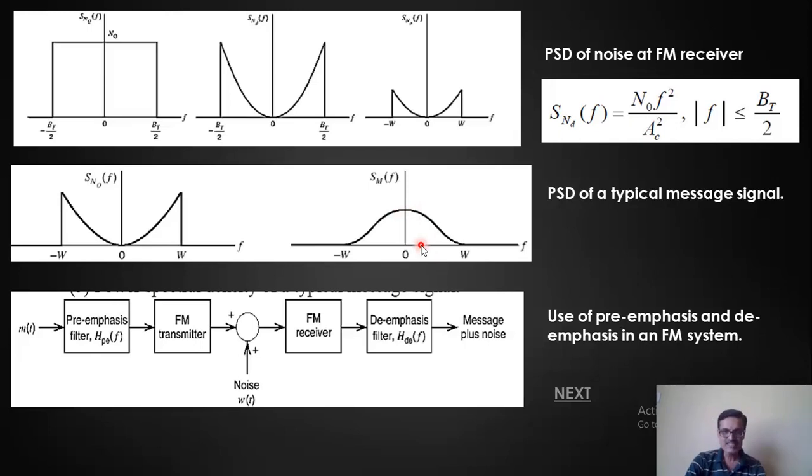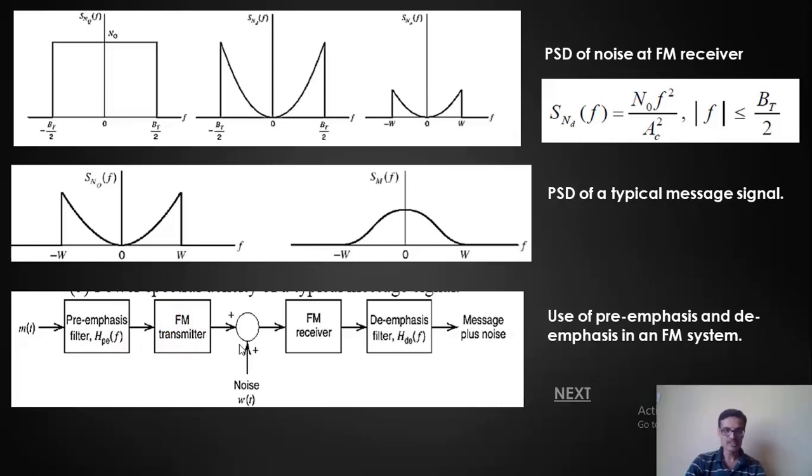But when I increase the frequency, if you go through this band from 0 to W hertz, as the frequency increases, the message signal PSD decreases. Noise is more, but the message PSD is less in the range of high frequency. So this is the major problem in FM receivers, FM transmission. That's why we have to use a pre-emphasis circuit with a response, let us say, HPE of f, before the modulation.